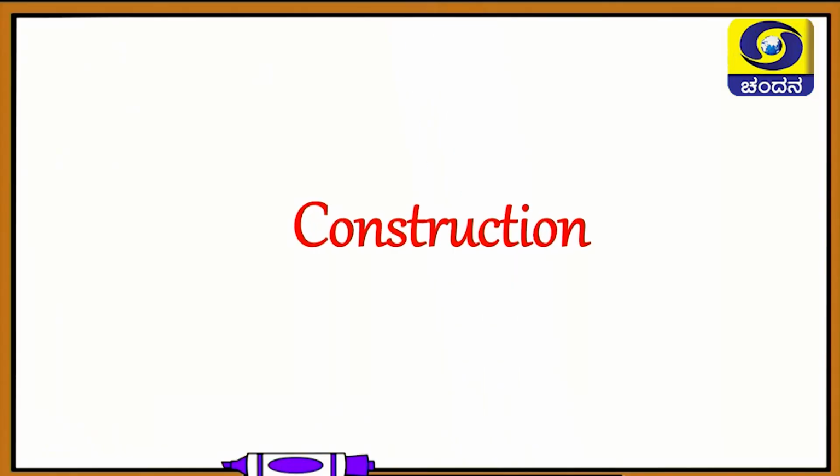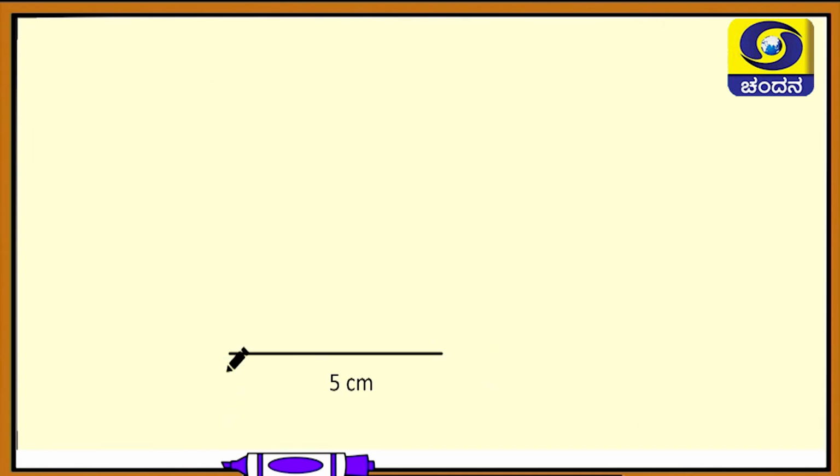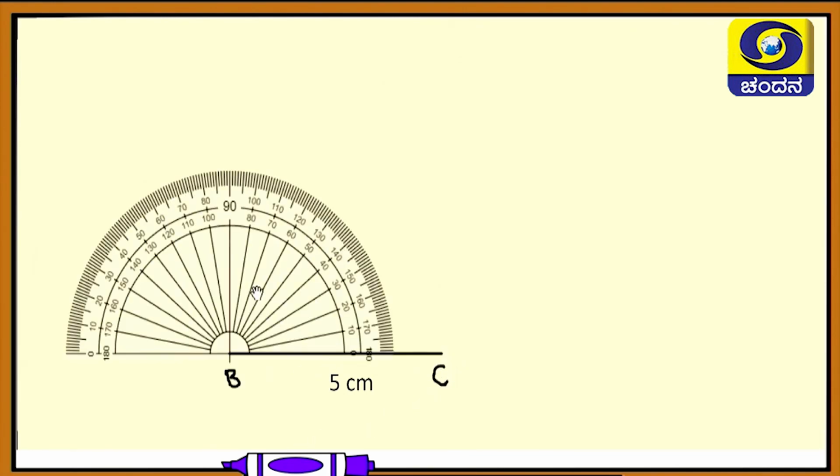Observe this. Taking base BC, that is 5 centimeter, marking the points B and C here. Now with the help of a protractor, taking point B as center, I am marking angle 105 degree, which is between 100 and 110 degree, children.